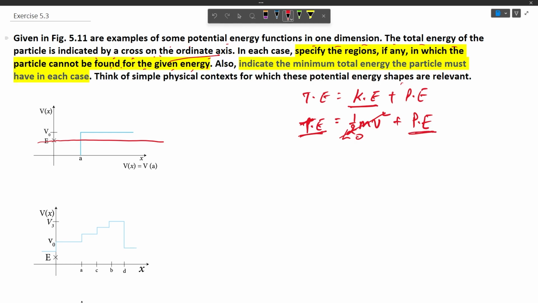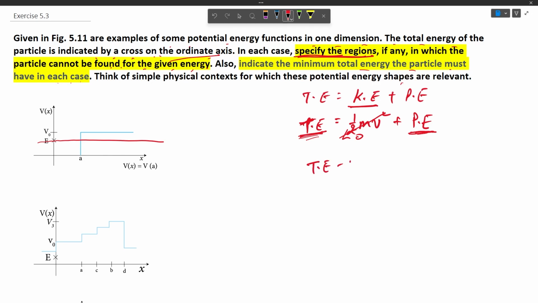The second part of the question says to also indicate the minimum total energy that the particle must have in each case. In those cases we can use that the total energy of the particle equals the minimum potential energy, because the minimum kinetic energy can be is 0. Also, for the region to be valid in terms of energy, let us subtract the potential energy from the total energy.